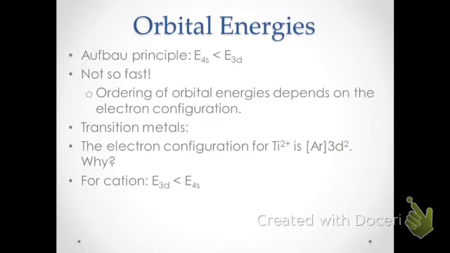So, in the cation case, we might have this situation where the 3d is less than 4s, but again, we have to be careful about making these statements because they are overly simplistic, as I've said several times now, and so I hope you understand that. We have these nice little rules from the Aufbau principle, but they do oversimplify the real situation.